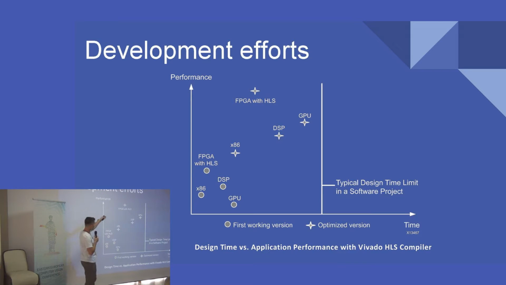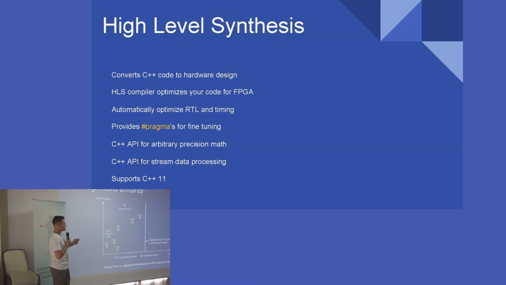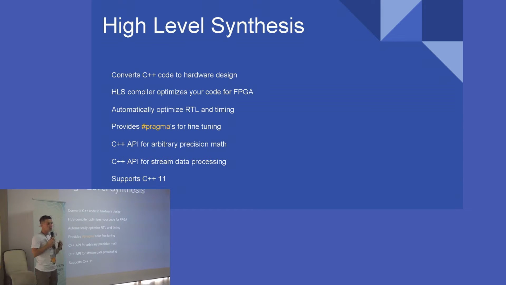And on this chart is a diagram that shows that the time effort required to achieve the same performance is much lower. By having this tool, we can translate our existing code into FPGA and get it much faster, because it fully supports C++11, and it allows you to reuse your code.